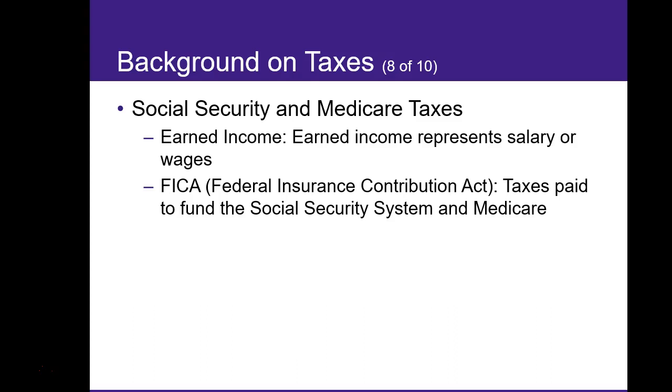There are two types of taxes that we have to pay now because of that act, the Social Security tax and the Medicare tax. Social Security provides you with Social Security benefits or income once you reach the age of retirement, and you pay the Medicare tax so that upon the age of retirement, you're able to receive medical insurance coverage.